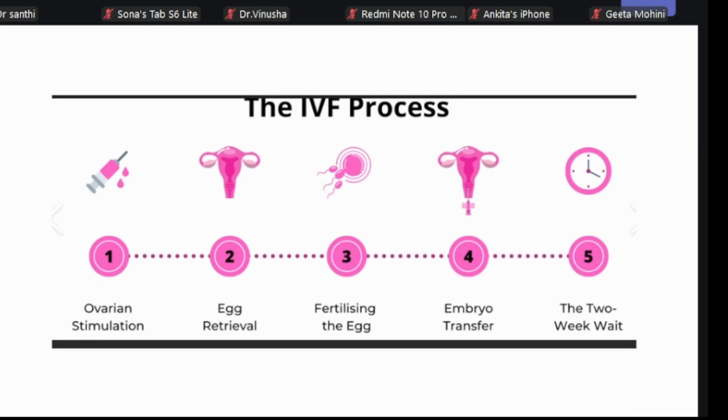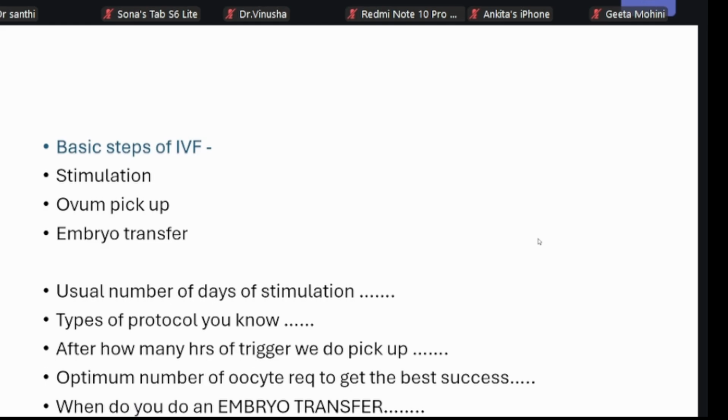After the pickup, we see the oocytes in the lab, whether mature or immature, and only the mature M2 oocytes will fertilize with the sperm, forming embryos. Later we can do either a fresh transfer or a frozen embryo transfer, and 2 weeks after the transfer, we do the beta HCG test. So the basic steps of IVF are stimulation, ovum pickup, and embryo transfer.